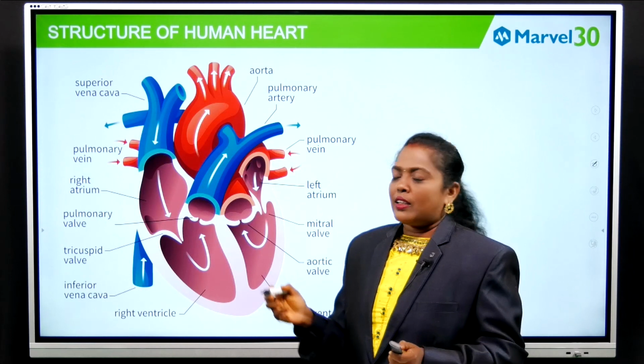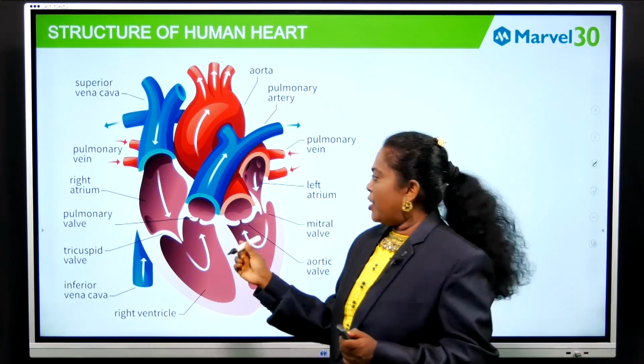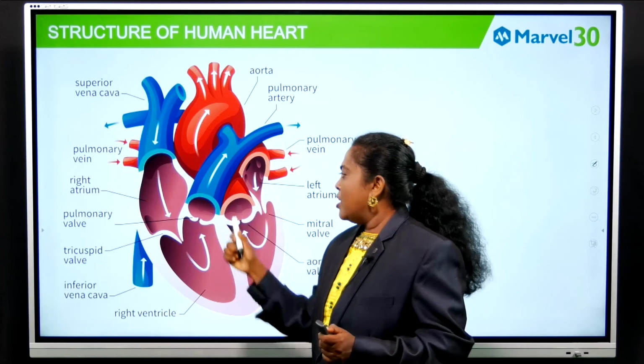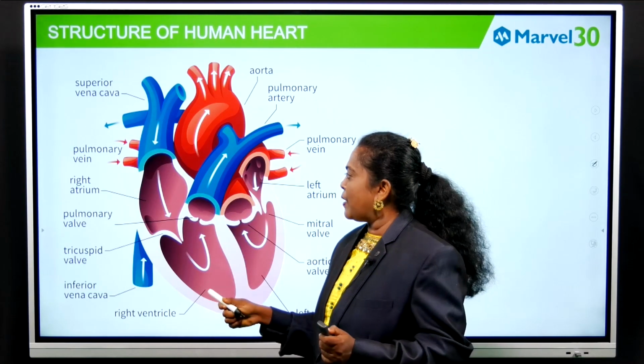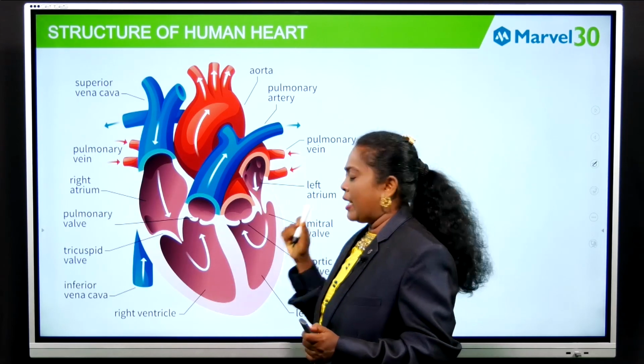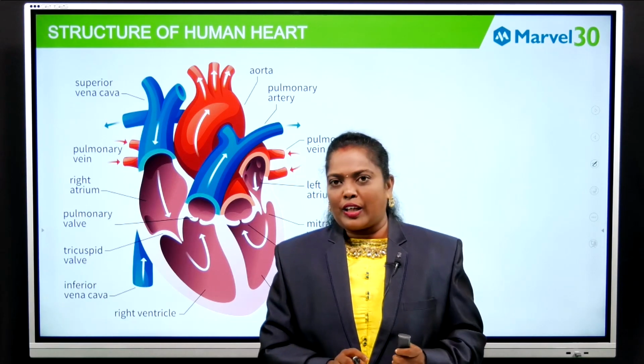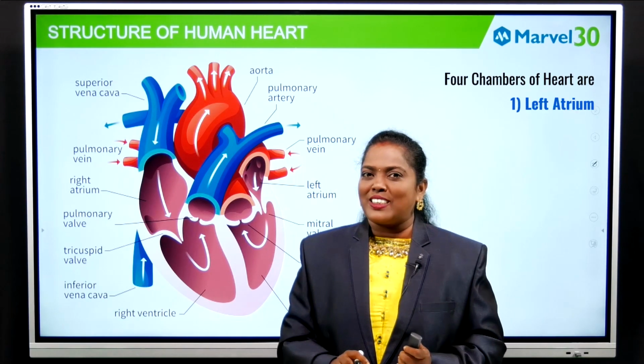Then this is a section of the heart. Here you can see the chambers. How many chambers are there? Yes, one, two, three, and four chambers are present. What are the four chambers?